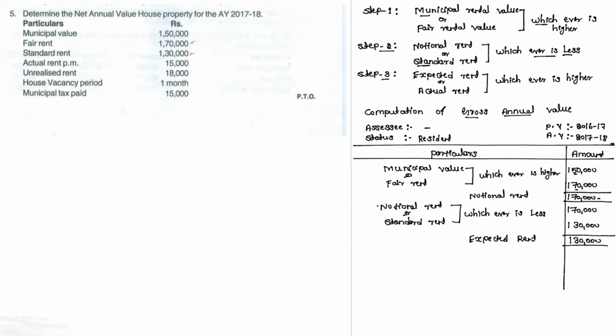Step number 3, this 1,30,000 we call expected rent. Expected rent or actual rent. So expected rent we know already, we identified 1,30,000.